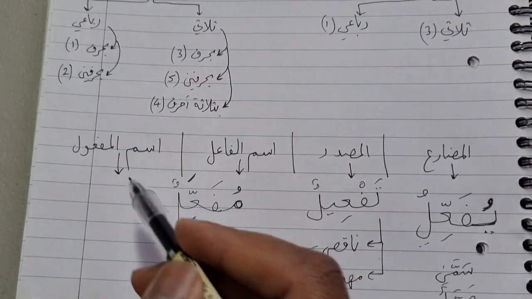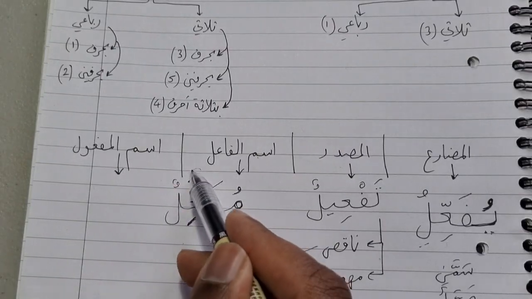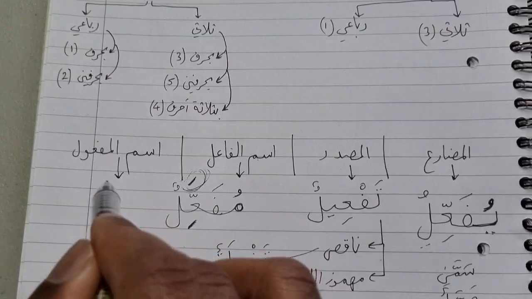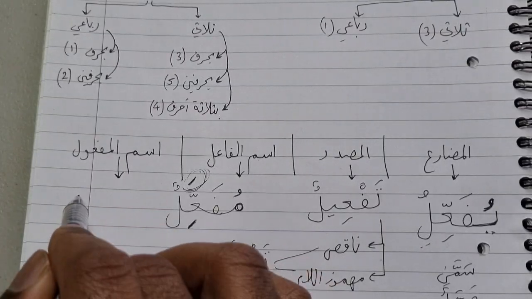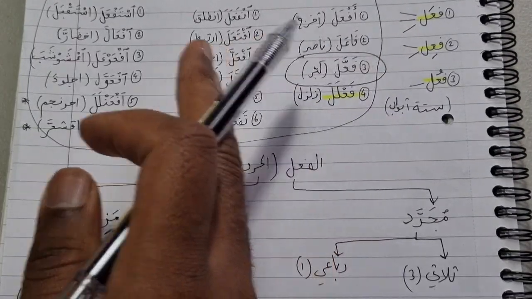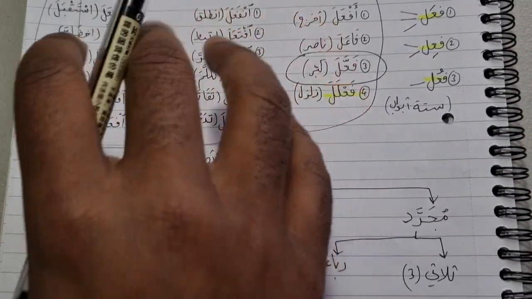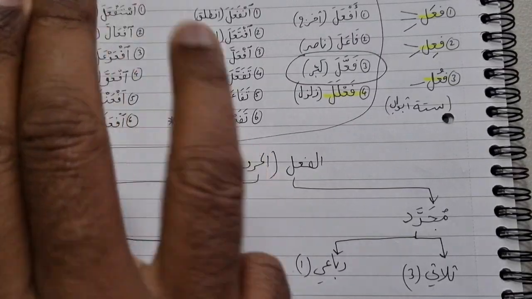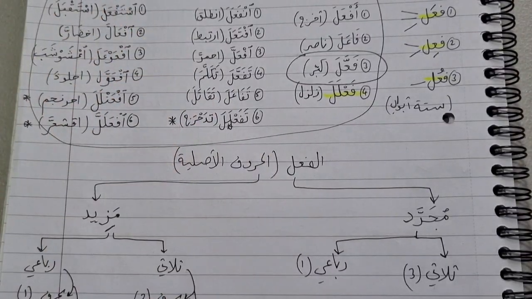Okay. Once we know what the ism al-maf'ul is, the one that ends with a fatha, that's the same scale we're going to use for ism al-zaman and ism al-makan. For all of these ones, rubai, khumasi, sudasi, the ism al-maf'ul does more than one function. It's ism al-maf'ul and ism al-zaman and ism al-makan at the same time. All of those three things.